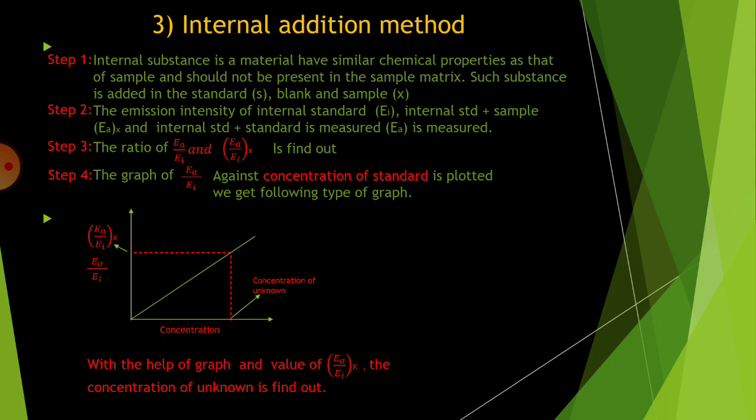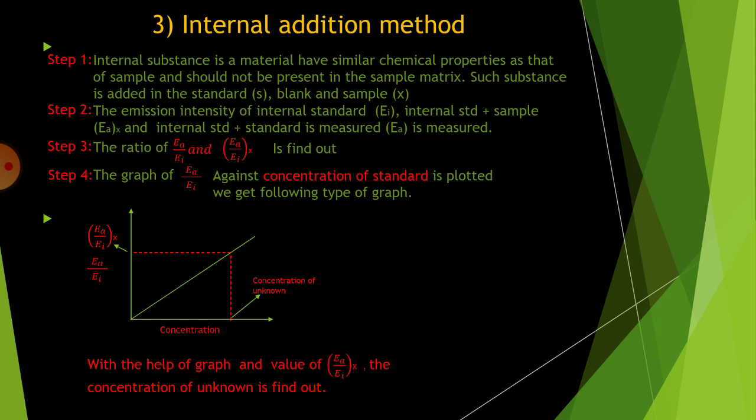Such a substance is added to the standard, blank and the sample. Remember, I will repeat, the internal standard or internal substance, which has properties similar to those of the sample, is added to the standard, the sample and also the blank.